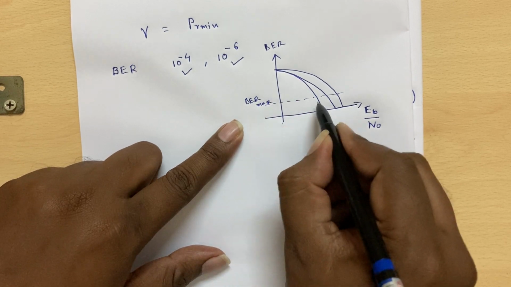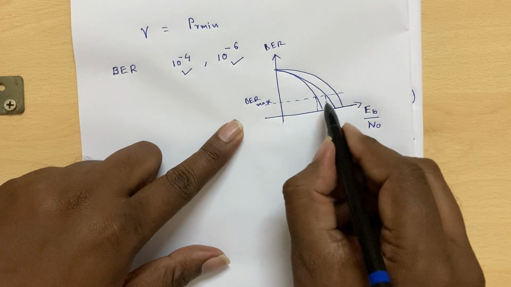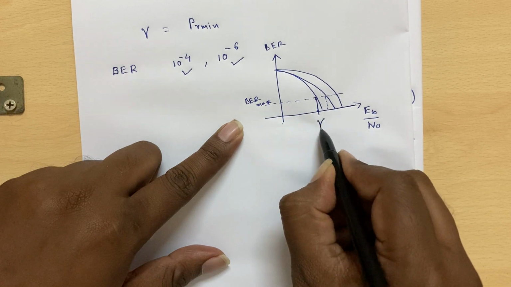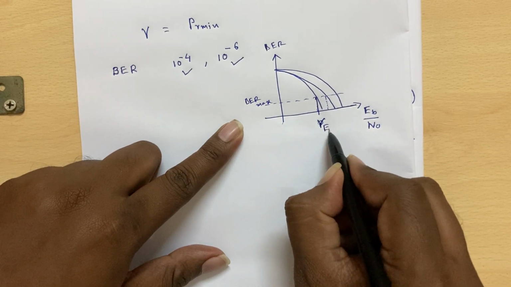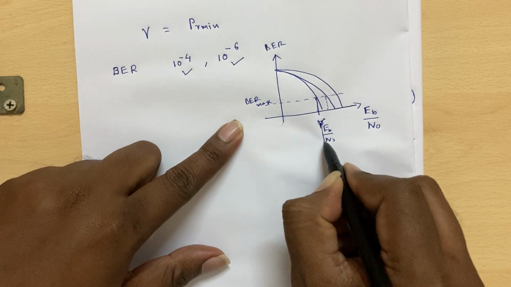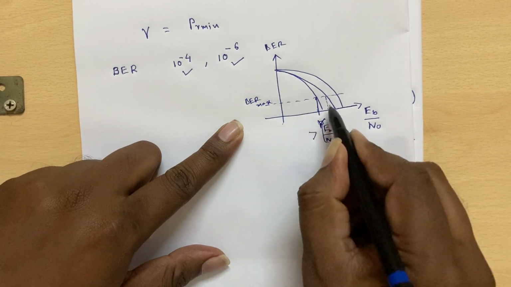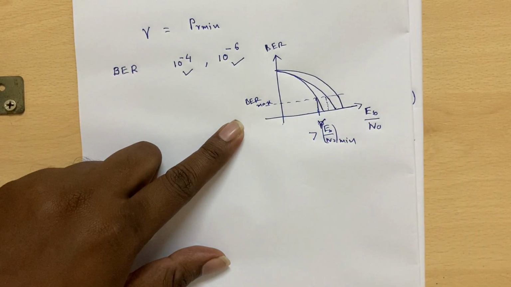The bit error rate should not go beyond this value. It has to be lower than this. So for different modulations you will get different minimum power levels, the minimum EB by N naught. The actual EB by N naught must be greater than this one, then only will the bit error rate go low like this.